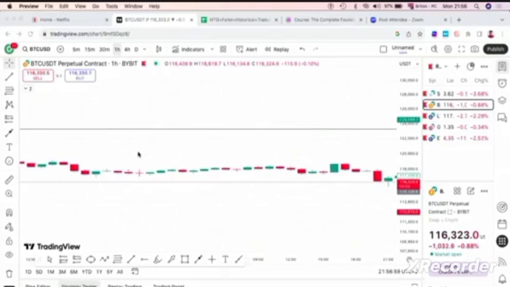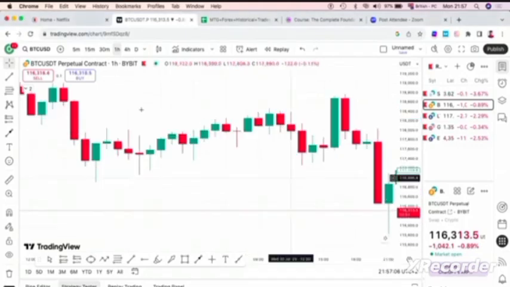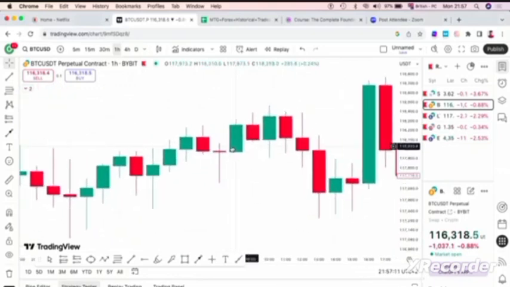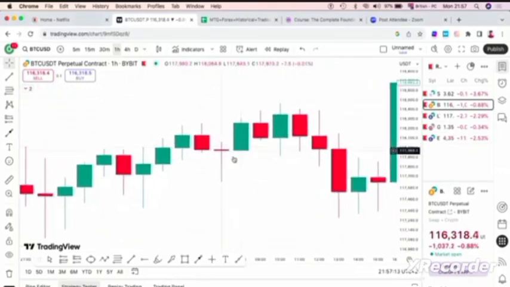One of the reversal candles that you will see is a doji, and it's right here. So we will call this a doji. You can see it has almost no body, a very tiny body, and a long wick.